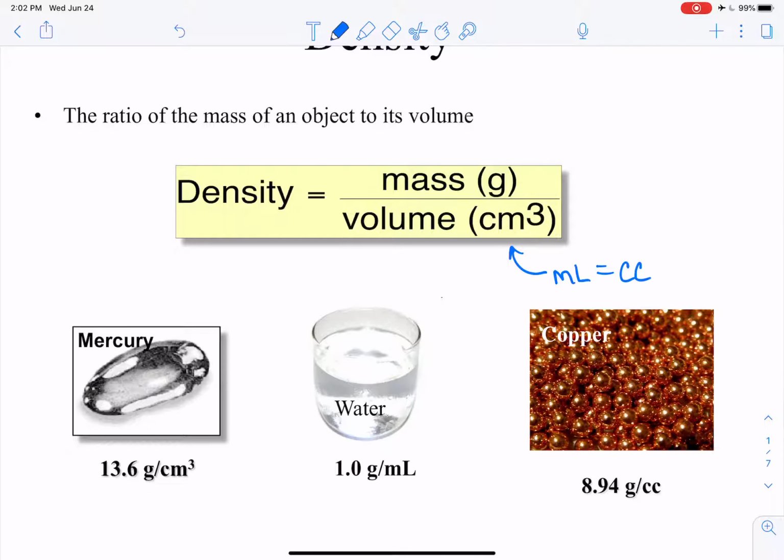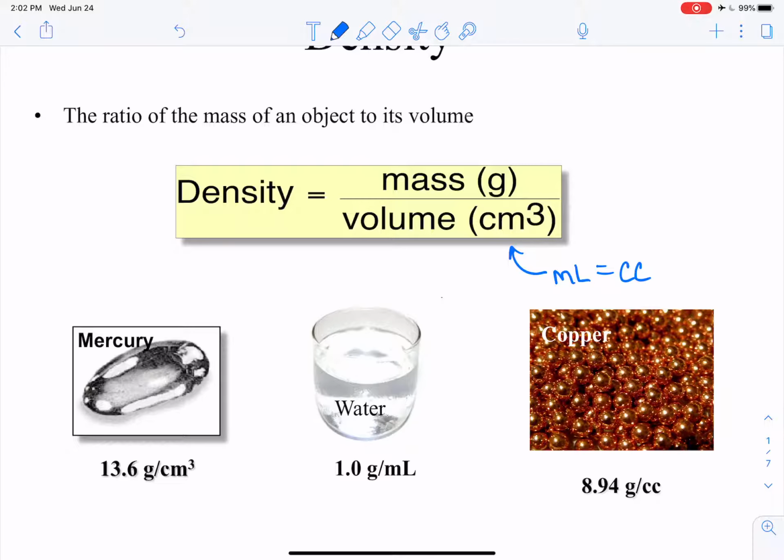So the first substance we have is mercury, which is our liquid metal, and it has a very high density. So it's 13.6 grams per centimeter cubed. And then we have water in the middle, and water has a super easy density. If there's any density that you need to memorize, it's water. Water has a density of 1 gram per milliliter.